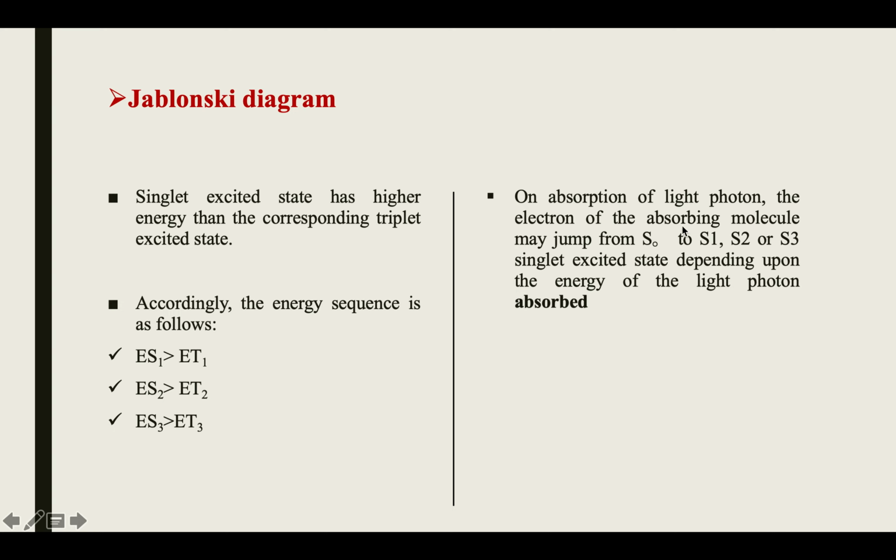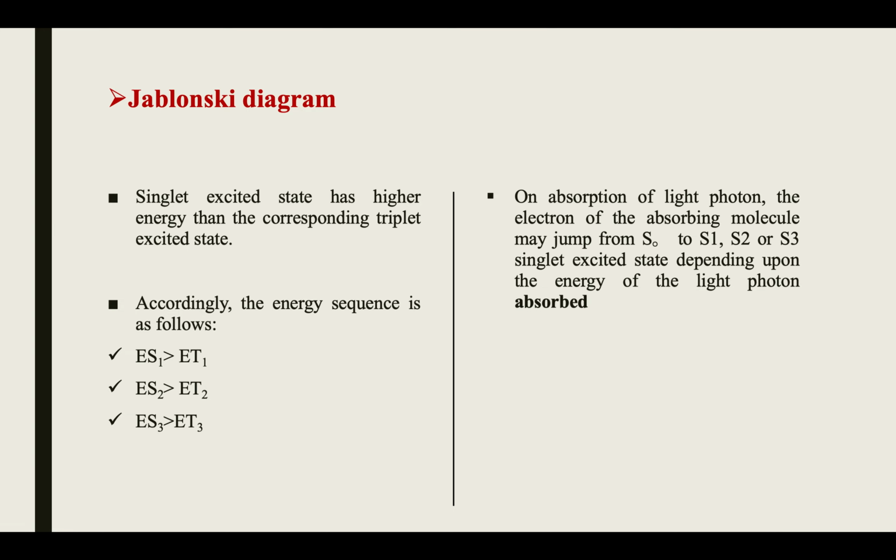On absorption of a light photon, the electron of the absorbing molecule may jump from S0 to the S1, S2 or S3 singlet excited state, depending upon the energy of the light photon absorbed. So which light are you using?